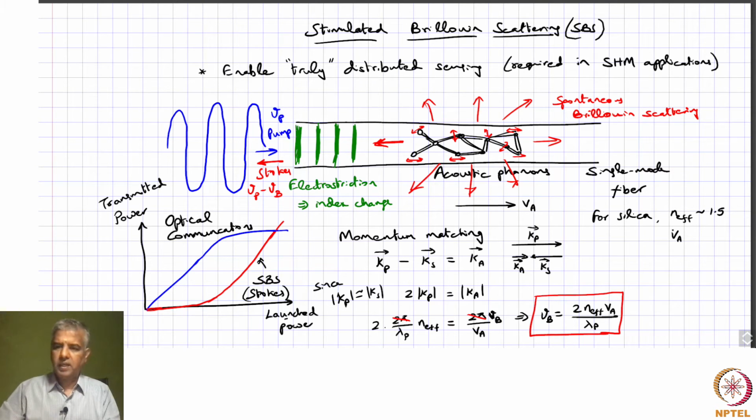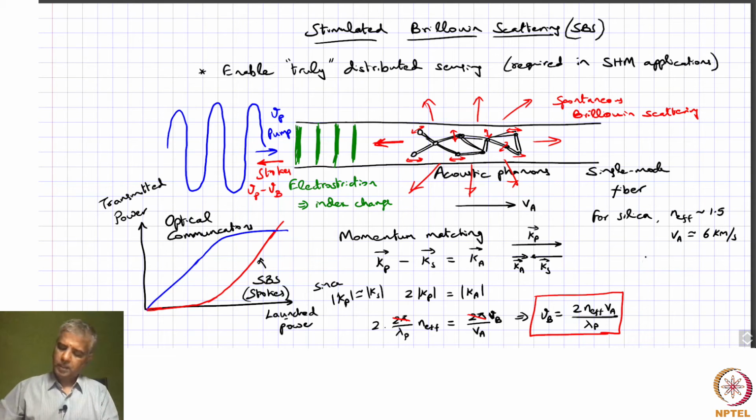When we look at the acoustic velocity, that is roughly about 6 kilometers per second, that is the speed of sound in glass, okay.